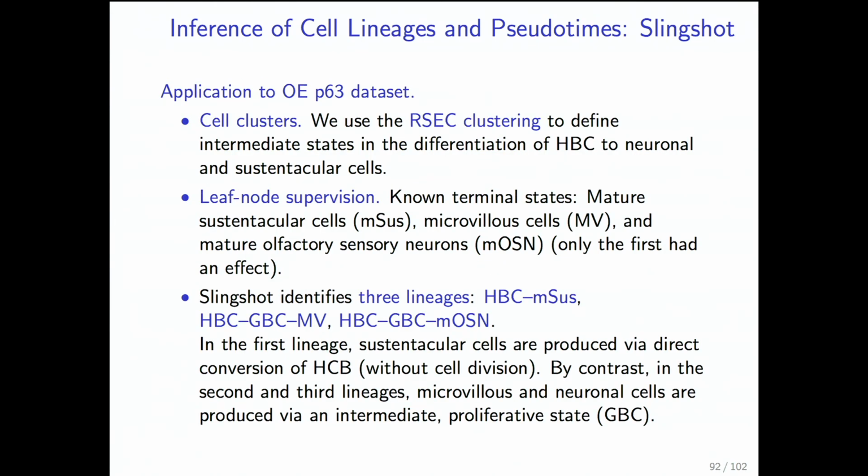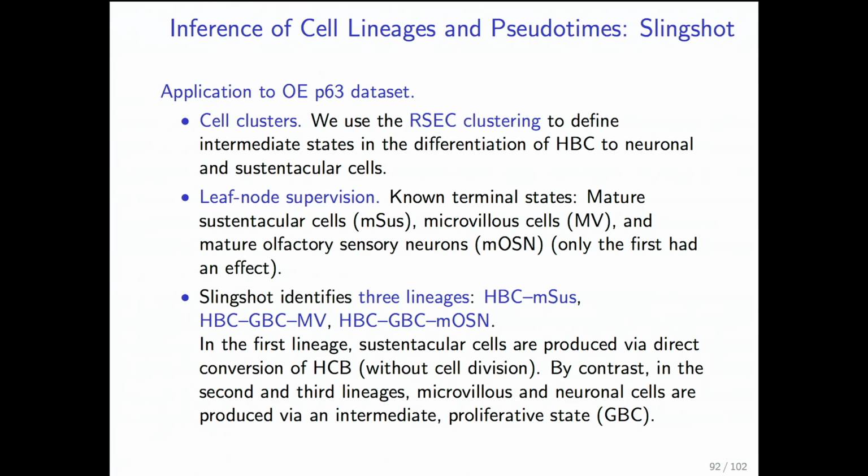And here are quickly the results that we got. So when we apply Slingshot to the RSEC clusters, we identify 3 lineages: HBC to sustentacular cells, HBC to microvillus cells via GBCs, and HBC to olfactory sensory neurons via GBCs. We also looked at differential expression along the lineages, so finding which genes are differentially expressed for a given lineage.